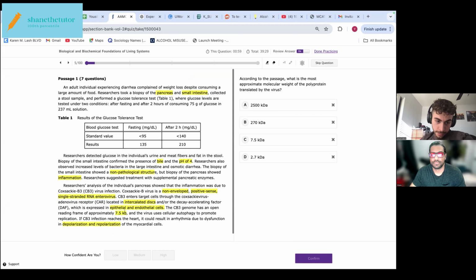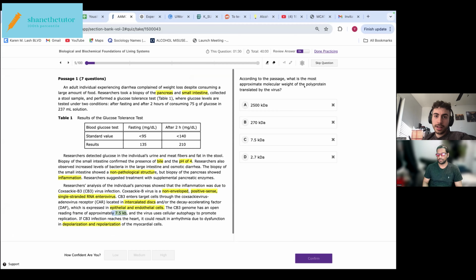I was talking about this, so the open reading frame is 7.5 KB. Is it talking about the amino acids and the 110 Da is one amino acid?